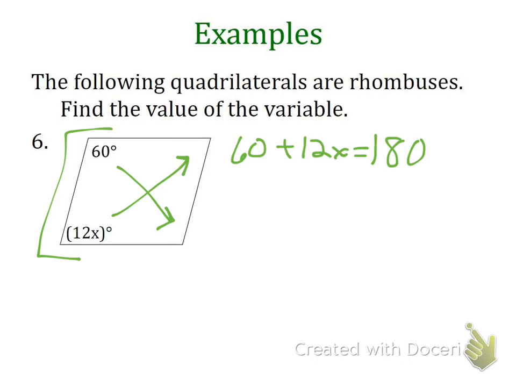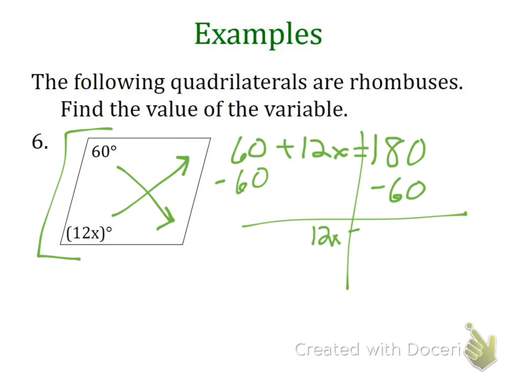Consecutive angles are supplementary. So subtract 60 on both sides. 12x equals 120. Divide both sides by 12. So x equals 10.